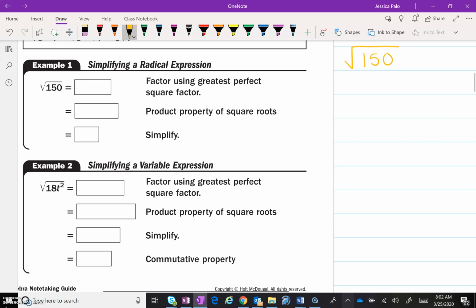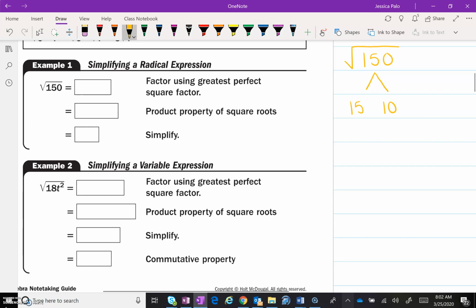So according to the poodle video, we have to prime factor this. What are two factors of 150? Well, we could do 15 and 10.